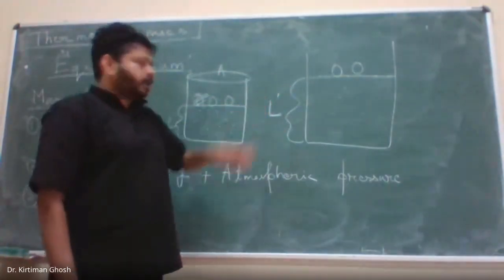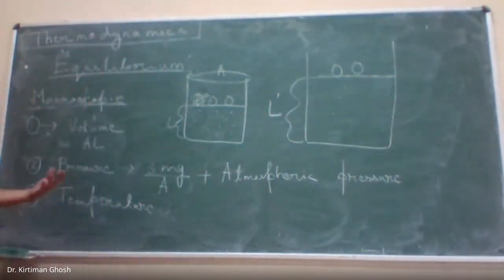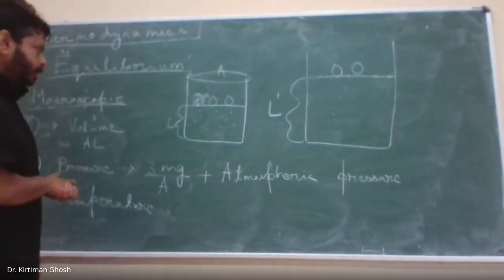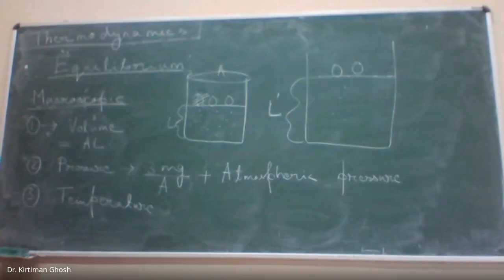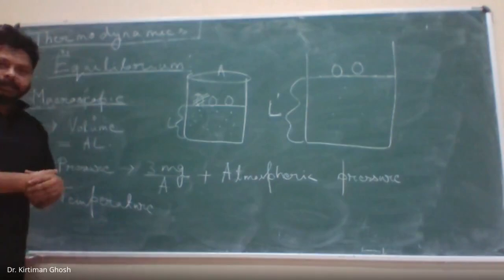So we cannot say what the volume of the system is because the volume is fluctuating. So we do not have any macroscopic description for the system when it is not in equilibrium.